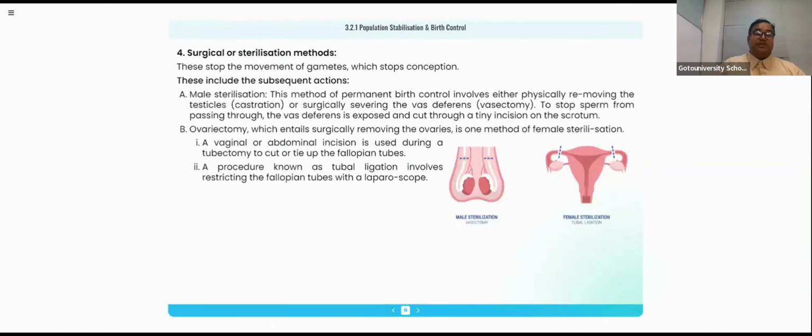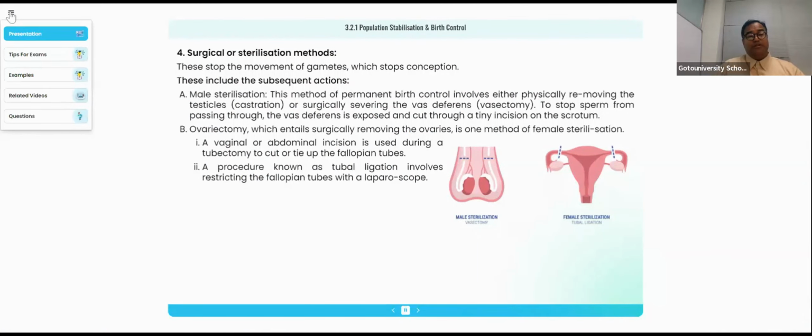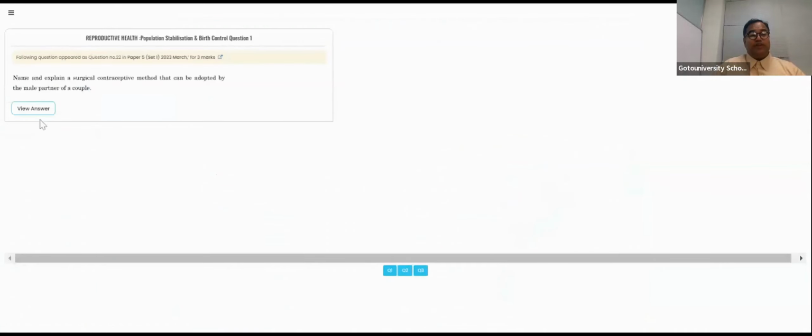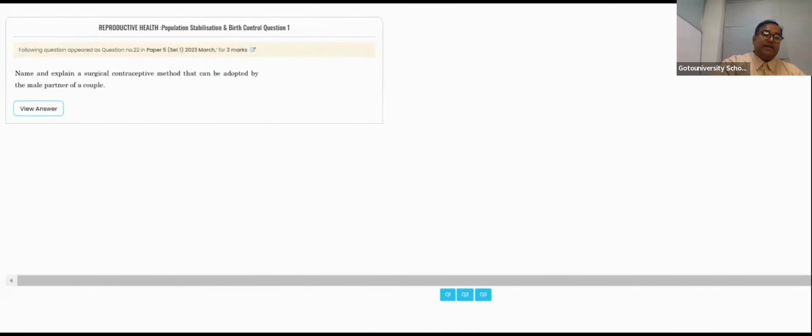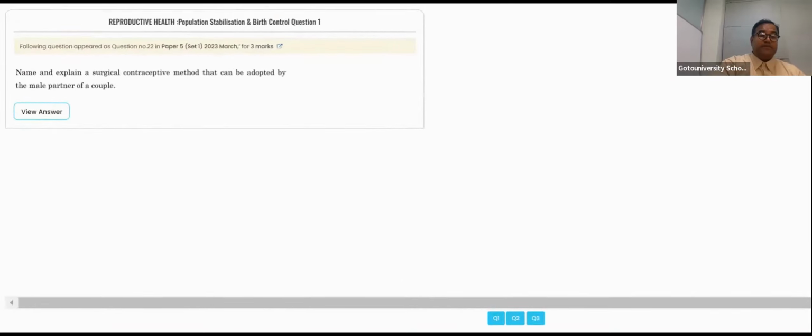Yes. So in this population stabilization, before entering into the poll, we'll discuss a few questions of NCERT variety and then past paper variety. This question is taken from 2023. Name and explain the surgical contraceptive method that can be adopted by the male partner of a couple.